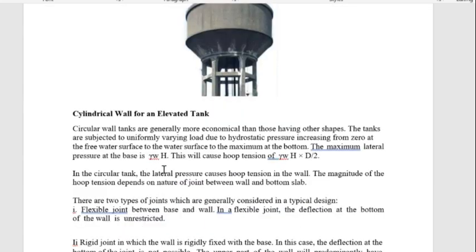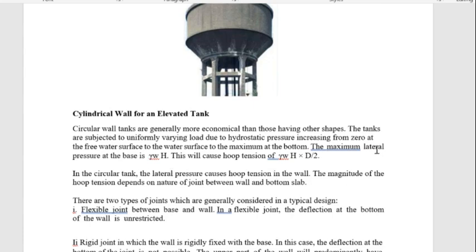So the cylindrical wall for an elevated tank is as follows. Circular walls are generally more economical than those having other shapes, and the tanks are subjected to uniformly varying loads due to hydrostatic pressure, which increases from zero at the top, at the free water surface, to the maximum at the bottom.